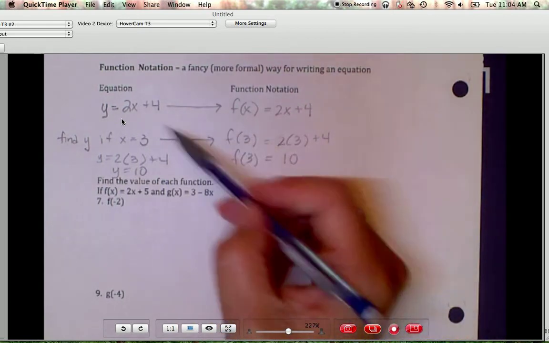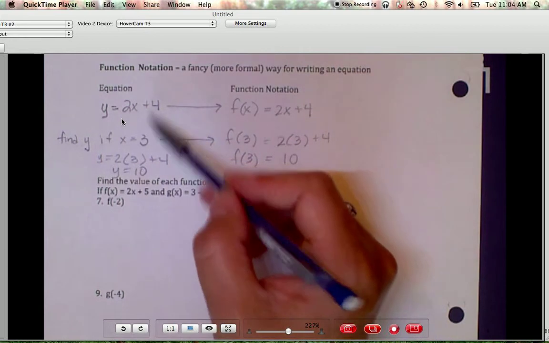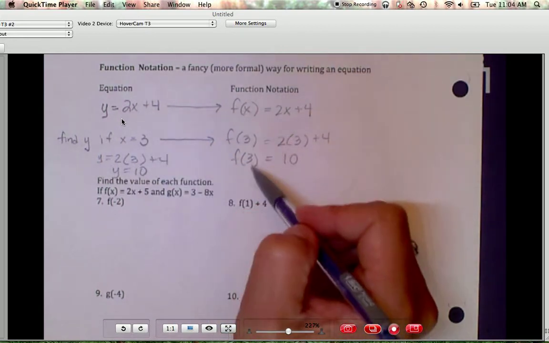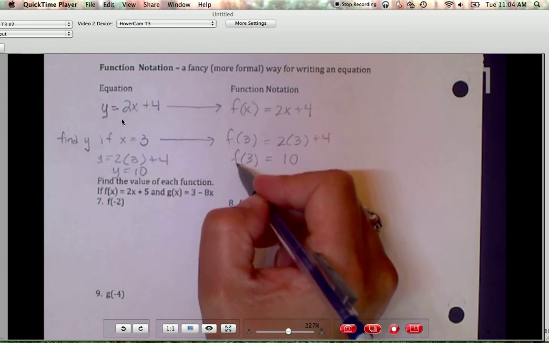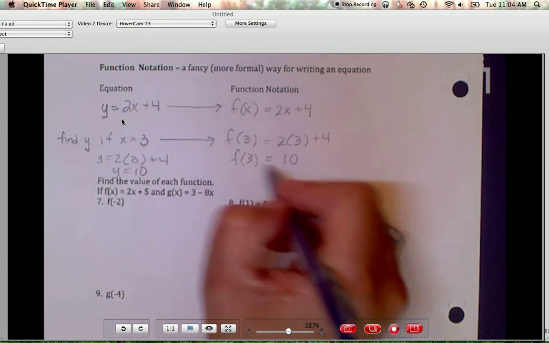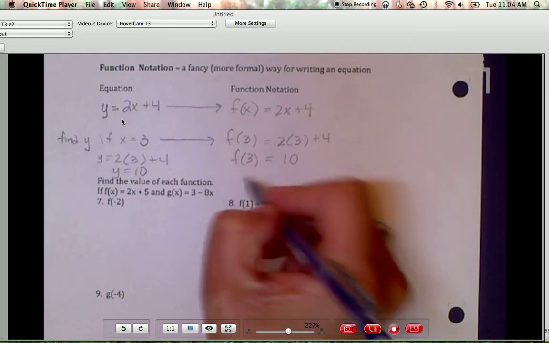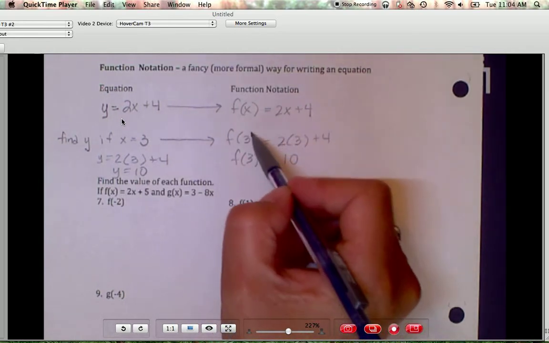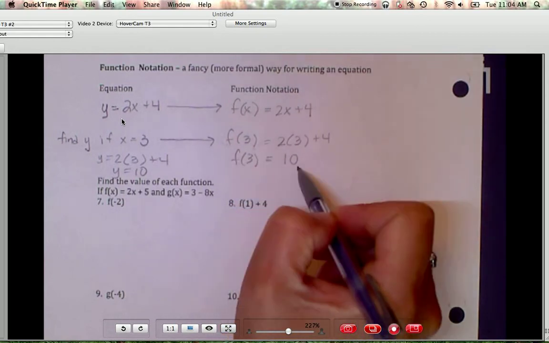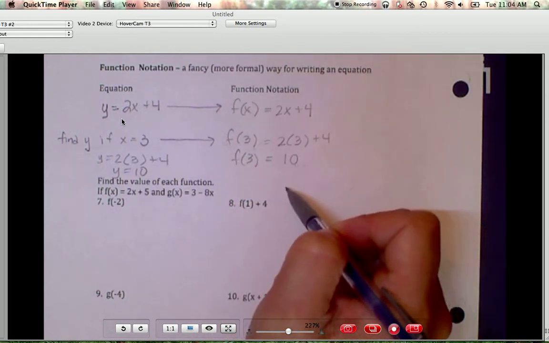These are the same thing we did here; the notation is just a little different. Now, you have to understand that this doesn't mean f times 3 equals 10. So you don't divide both sides by 3 to get f alone. We're trying to find the value of f of 3, and this is the value of f of 3.